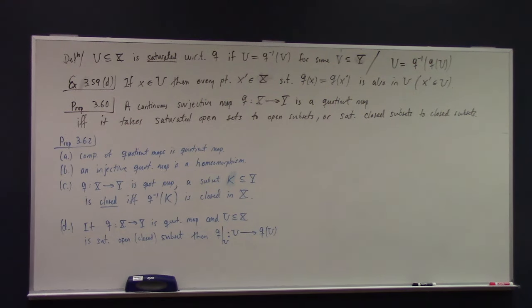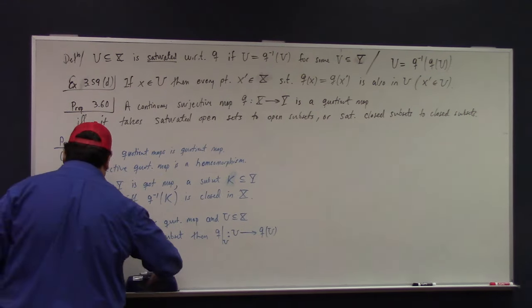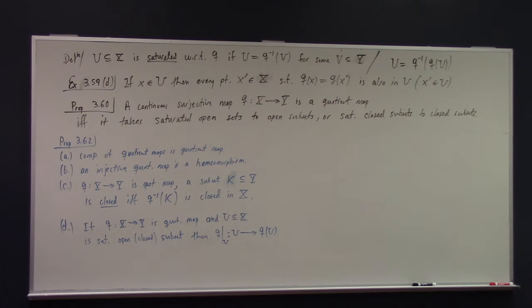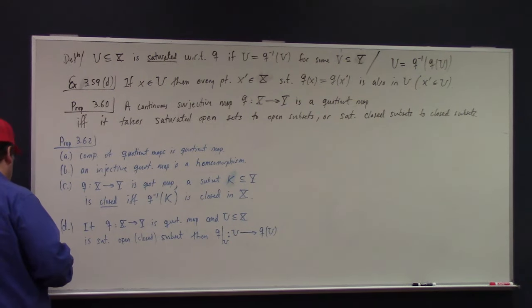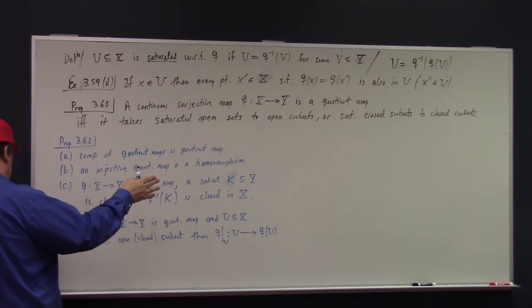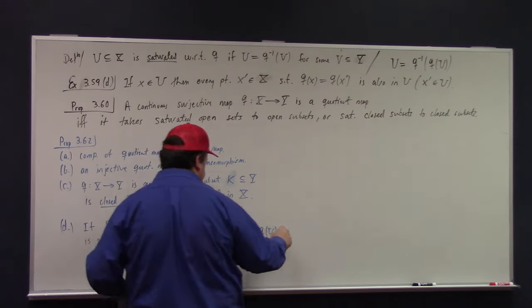An obnoxious thing about restrictions is that sometimes you don't modify the codomain, and other times you swap out the codomain for something different. This time I'm swapping out the codomain for the image of U.